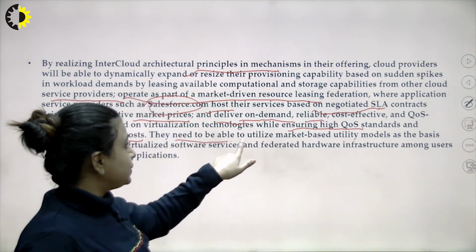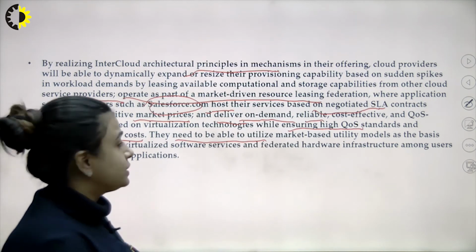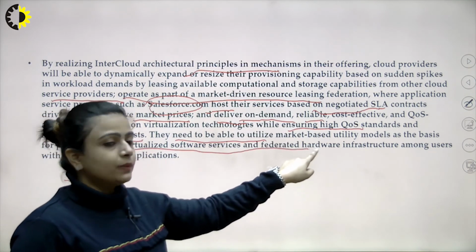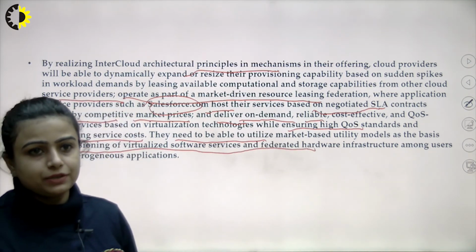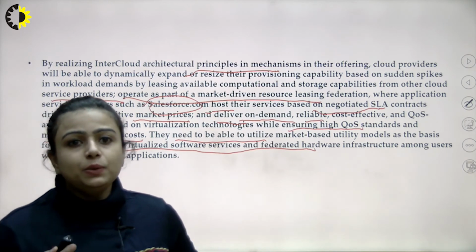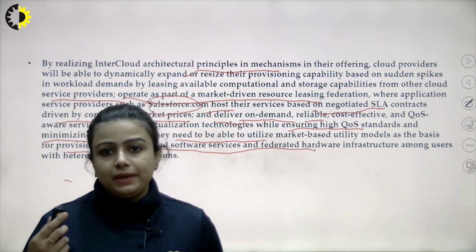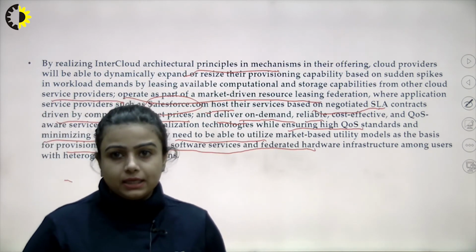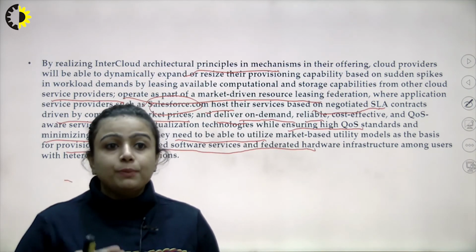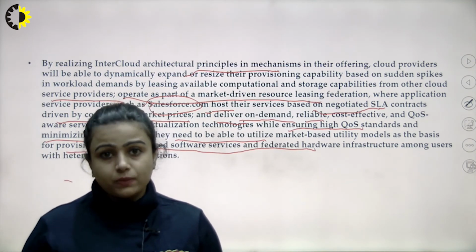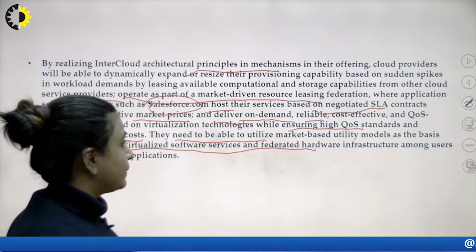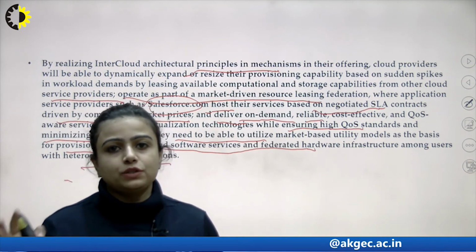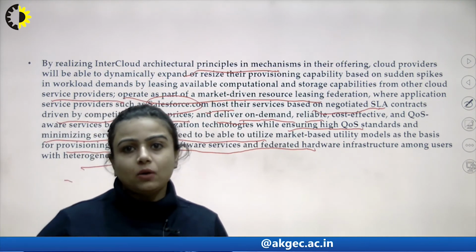Also, they need to be able to utilize market based utility models, which are based on the provisioning of virtualized software services and federated hardware infrastructure among users with heterogeneous applications. Now, what does it mean? It means the models which are already available in the market, and we have to define the basis for provisioning virtualized software services with the federated hardware infrastructure among heterogeneous applications, meaning applications which are interlinked or mixed yet dependent on other global resources.